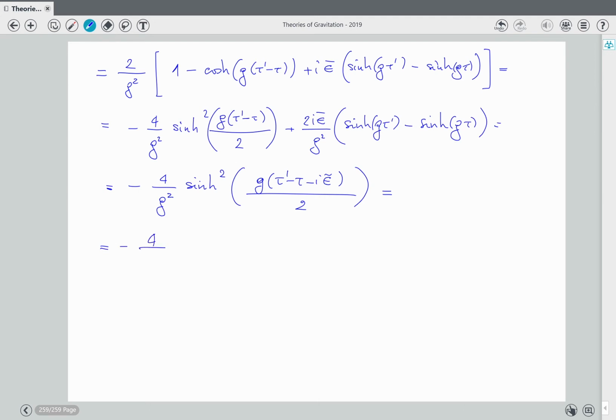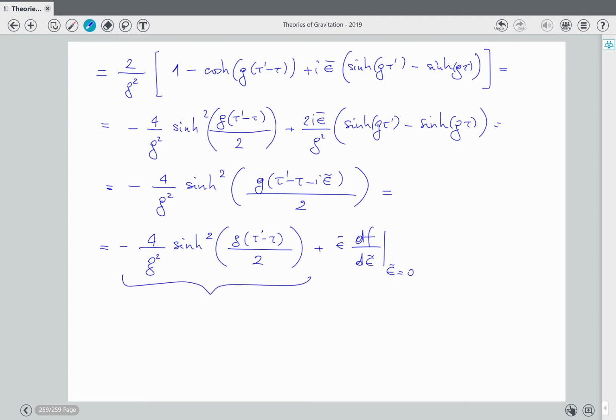So you have minus 4 divided by g squared times hyperbolic sine of g tau prime minus tau divided by 2 plus epsilon tilde times the derivative of that function calculated in 0, where the function is this one.